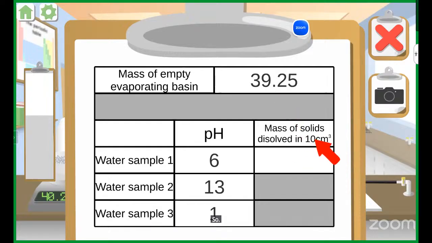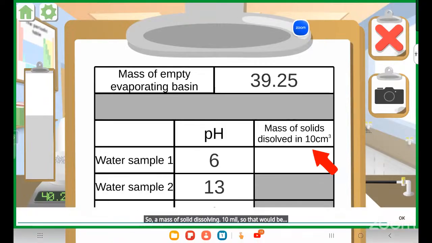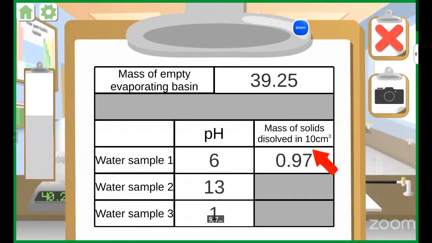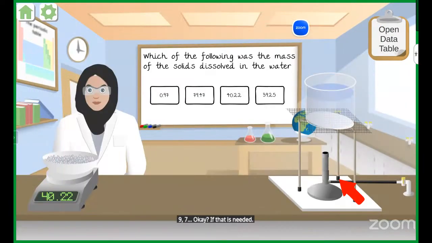So mass of solid dissolving 10 mil. So that would be for sample one, 0.97. Okay, if that is needed. All right. So now, can you read the instruction here?